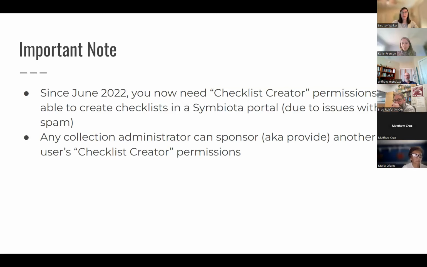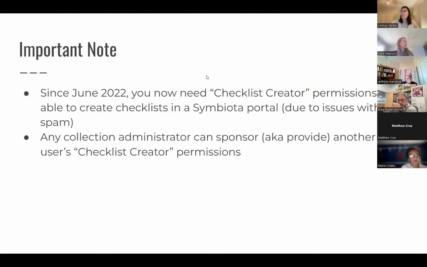But any collection administrator, so that means not just like a super user, but an administrator, anyone who has admin permissions of a collection, can give any user permissions to create a checklist. So if you know an administrator in SEINet or in VertNet or whatever, then you can say, hey, can you give me checklist creation permissions? And they can do that pretty easily.